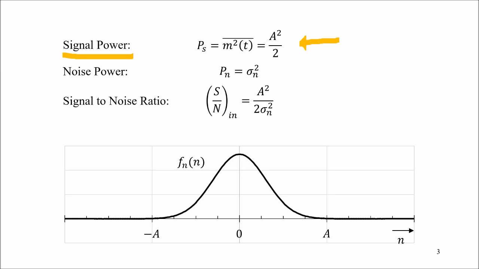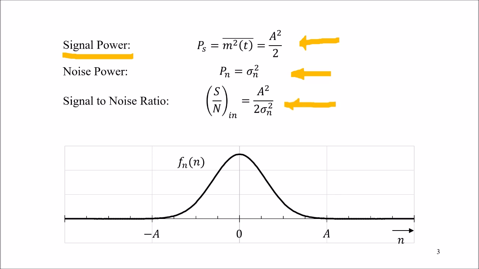The noise power, as we described previously, is simply the variance of the noise, the Gaussian distributed noise. So that's sigma n, for noise, squared, that's the power. So we can form the signal to noise ratio of our signal plus noise. That's going to be the signal power, A squared divided by 2, divided by the noise power, sigma n squared.